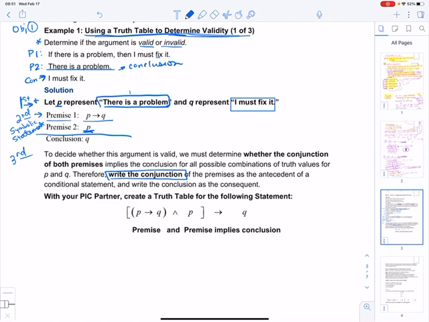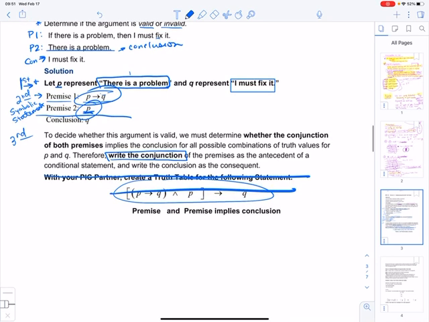So what I mean by this is you're basically going to take premise 1 and premise 2, and I'm going to write it out here. I'm going to take premise 1, P then Q, and I'm going to take the conjunction, which means the intersection or the and, right? And I am going to meld it with my other premise. So this is premise 1, and this is premise 2.